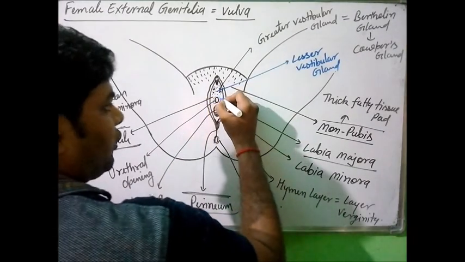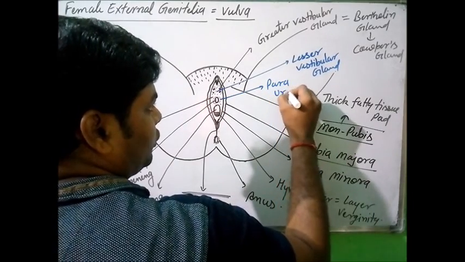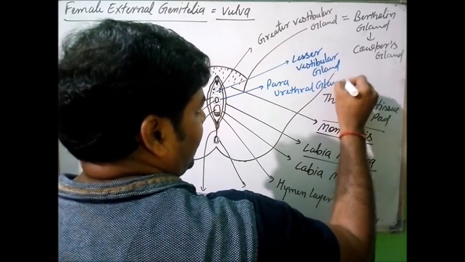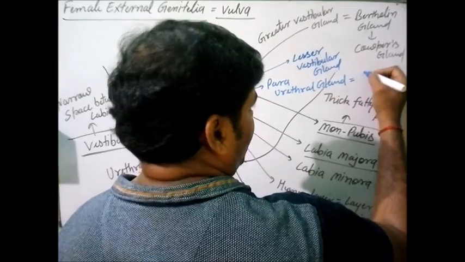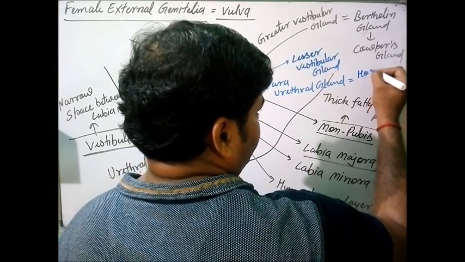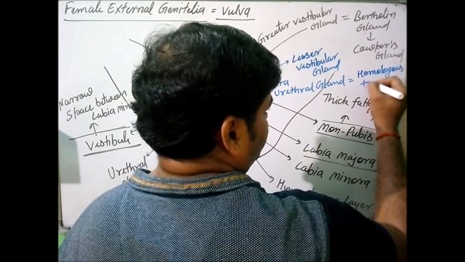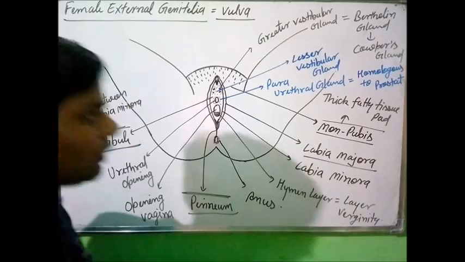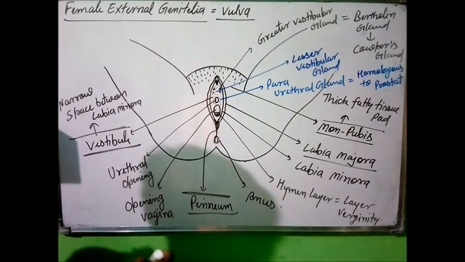So that is why they are called paraurethral glands, and these paraurethral glands are homologous to the prostate gland in male. Okay, so this is the structure of female external genitalia.